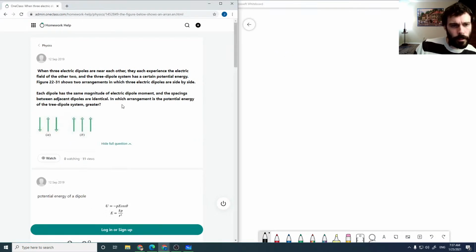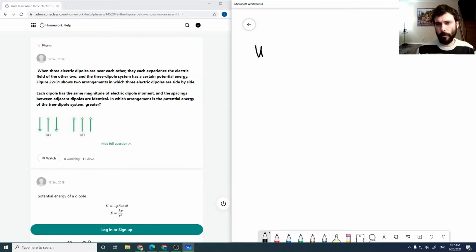Okay, we have three dipoles connected, or a three dipole system, in which they're side by side. They each have the same magnitude and the spacings are identical, and in which arrangement is the potential energy greater?